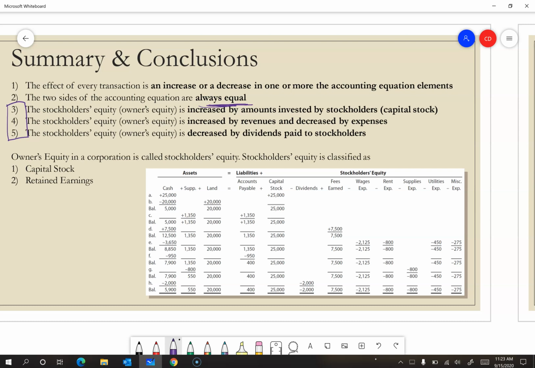Okay, that would be an increase to cash and an increase to owner's equity. Now it's just called stockholders' equity. All right? Stockholders' equity is increased by revenues and decreased by expenses. Same thing as owner's equity. It's just called stockholders. And then this is new, the dividends. They're going to decrease the stockholders' equity. All right?